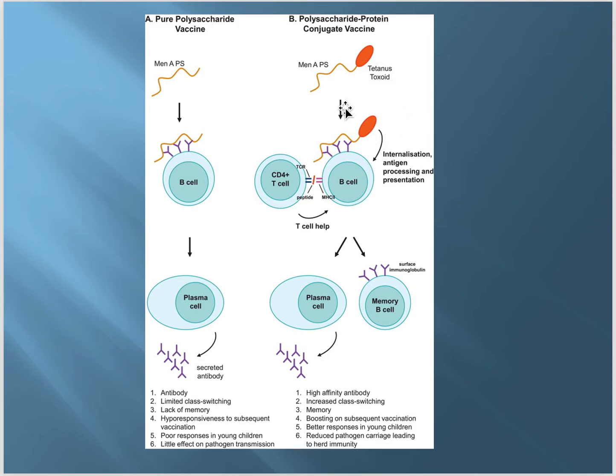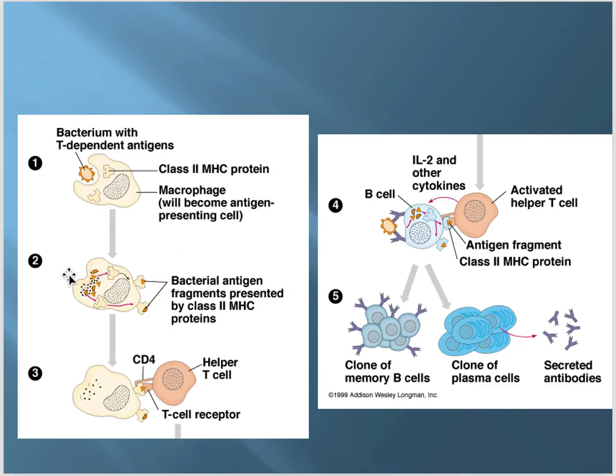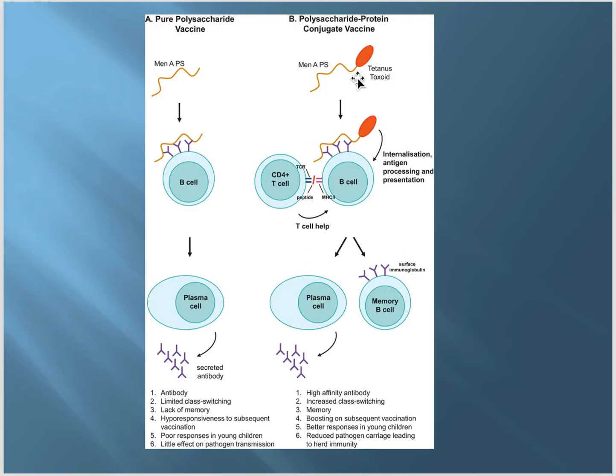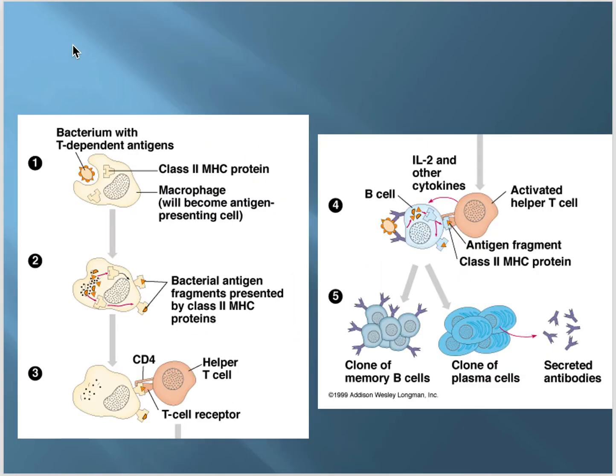However, the added conjugate, the protein, will help this vaccine activate the B cells with the help of T helper cells, because when only the polysaccharide was there, this was not possible. But once the protein was added to the polysaccharide, this pathway was possible.